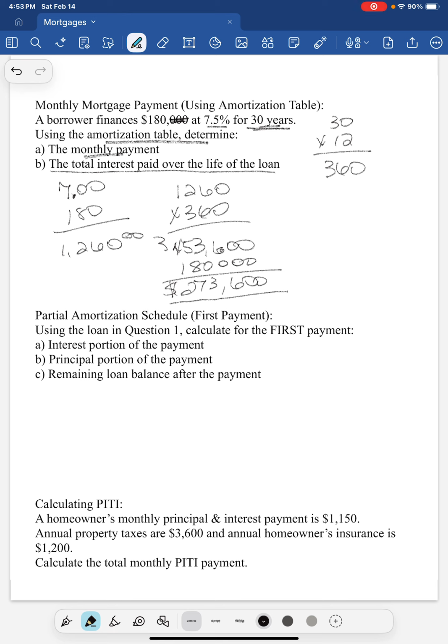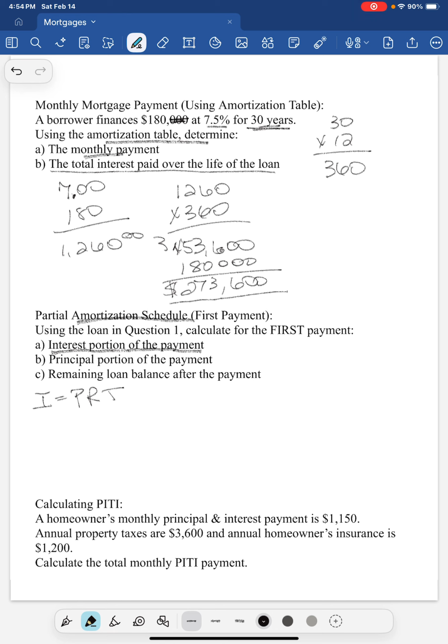Okay, now we're going to look at partial amortization schedule. Using the loan in question 1, calculate for the first payment, initial interest portion of the payment. Okay, and what we're going to do with this one is we're going to go back to our interest formula, which is interest is principal times rate times time, right?